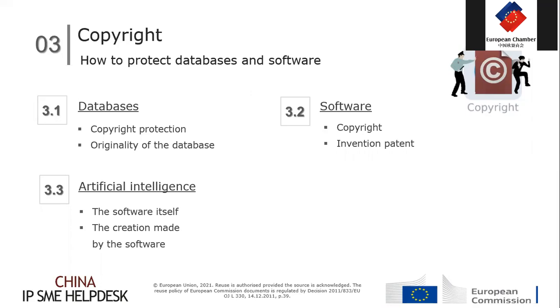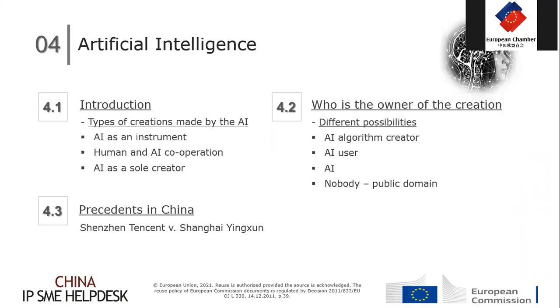But how to deal with those creations made by the software? What happens with those articles, with those other software products that are made purely by artificial intelligence? Then we have to analyze and differentiate three types of creations made by artificial intelligence.